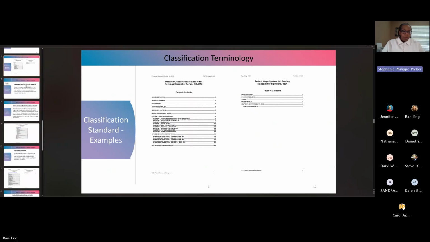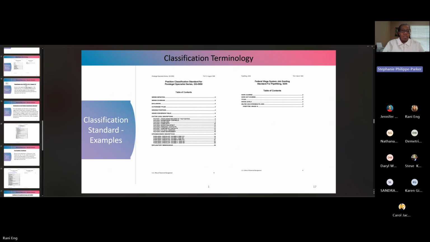All right, hopefully this shows up pretty okay. I just kind of wanted to show two examples of the table of contents for a classification standard. On the left is for paralegal specialists, which is a GS 0950 series. It is the first page of the table of contents for the classification standard for this particular series.